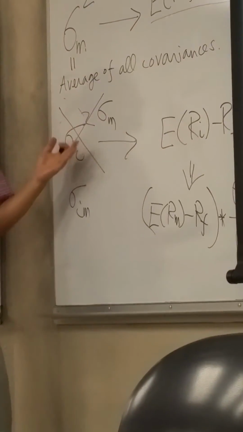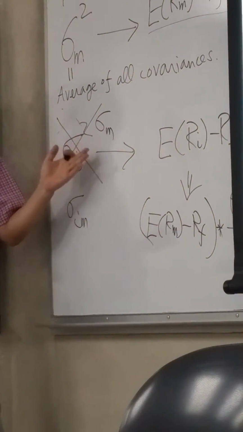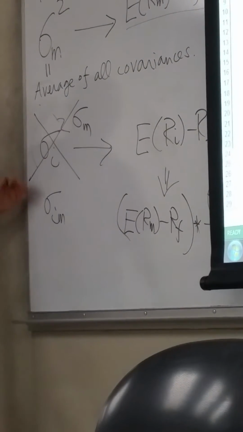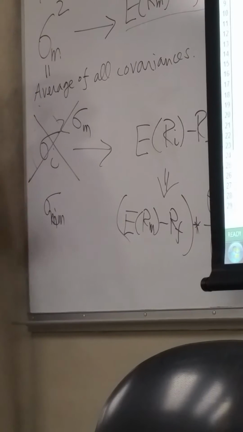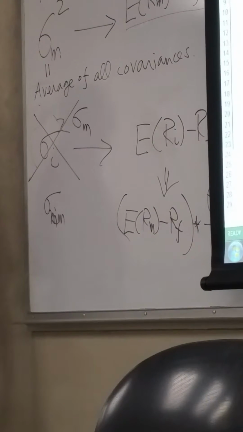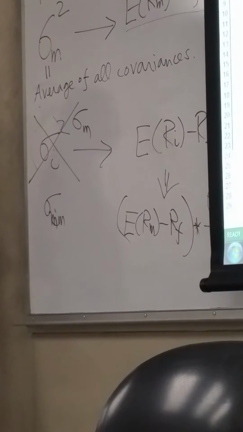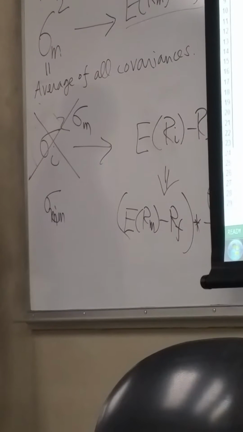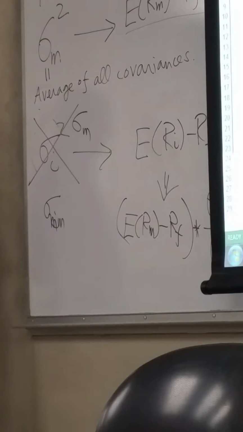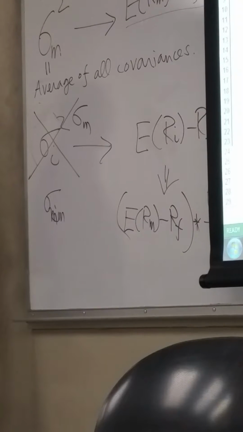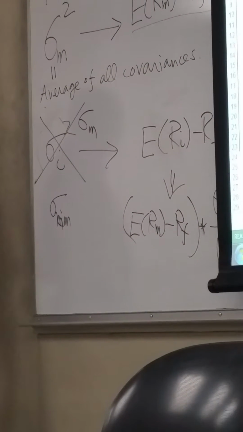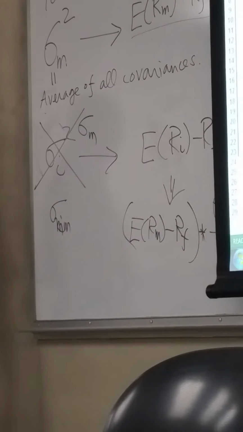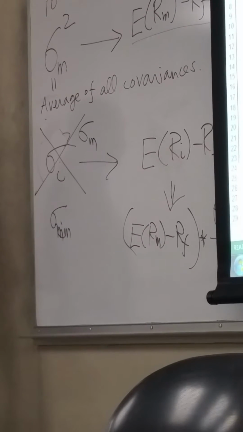Hey, what is the expected return on m? Then you need to calculate the covariance between m and m. Correct? What is the covariance between m and m? Oh no, that is a variance. Isn't that the variance of the market portfolio?